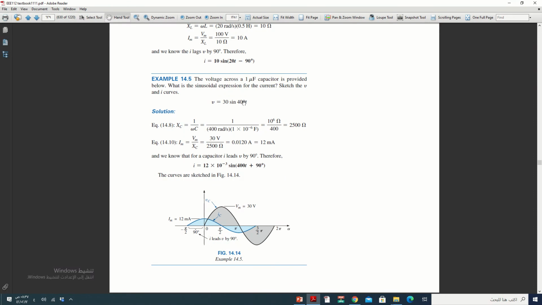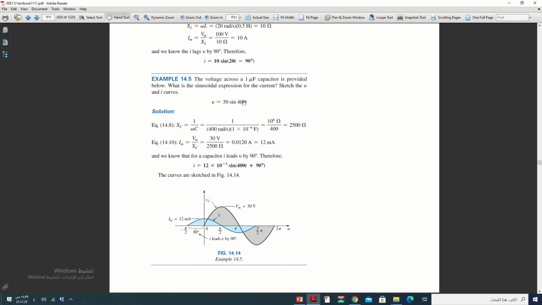Try to understand that in the inductor, the current lags the voltage by 90 degrees. Always apply this concept in your answer. And the current in the capacitor leads the voltage by 90 degrees. Please apply this concept in all your answers.